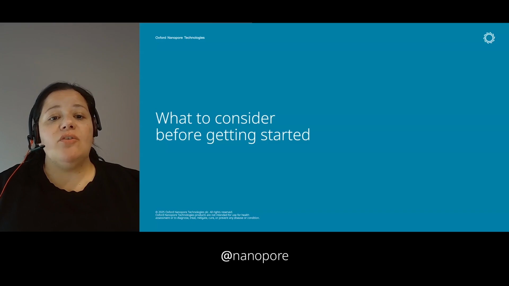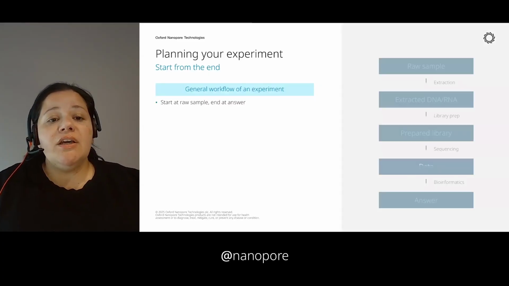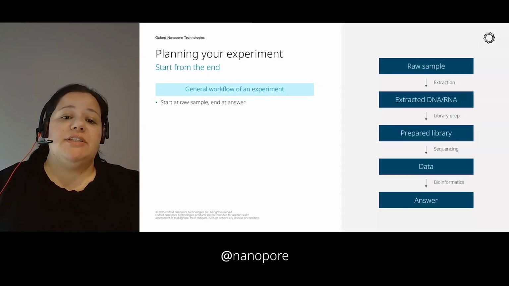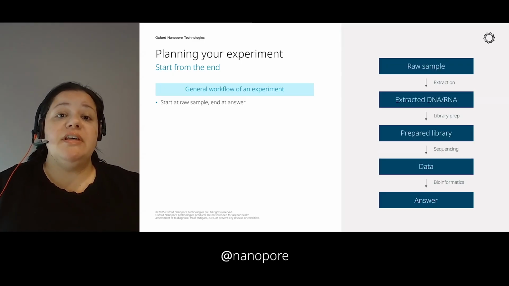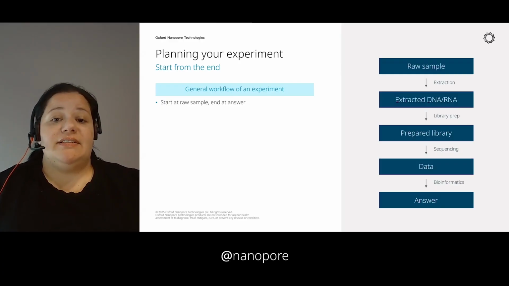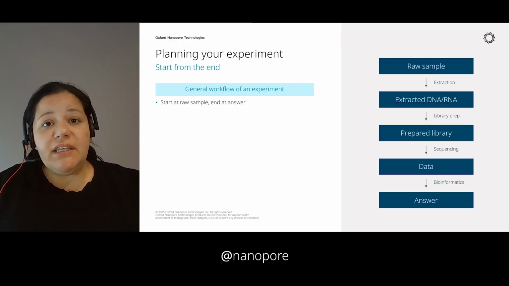To kick things off, let's discuss what you'll have to consider before you get started. Usually, when people think about an experiment, they tend to think about their sample, then they do an extraction, then the library preparation, then they generate the data, and finally, they see if they can answer that scientific question, when actually it should really be the other way around.